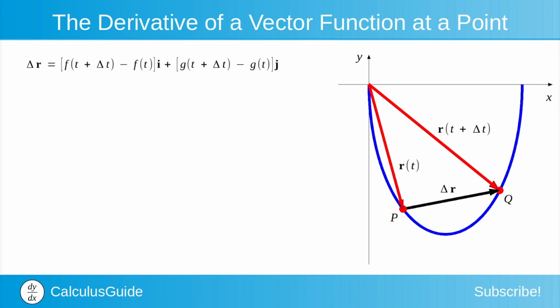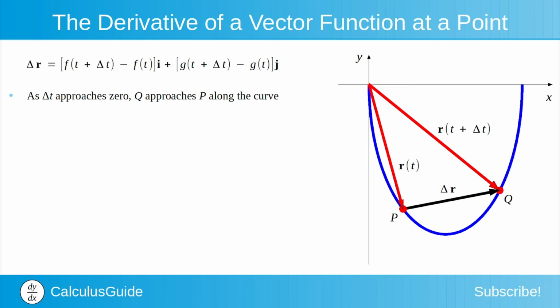So we have that delta r is equal to [f of t plus delta t minus f of t] i, plus [g of t plus delta t minus g of t] j.